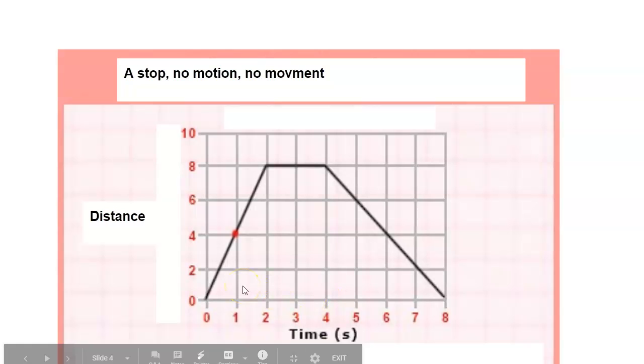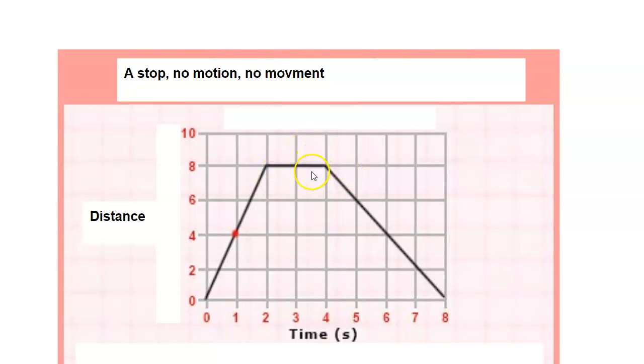You can't stop time. But your distance is not changing. Your distance is not increasing or decreasing. This could be if you were walking at a constant pace and you decided to stop for 1, 2, 3 minutes to get a rest. Okay? This shows a stop. Right here, this flat part.